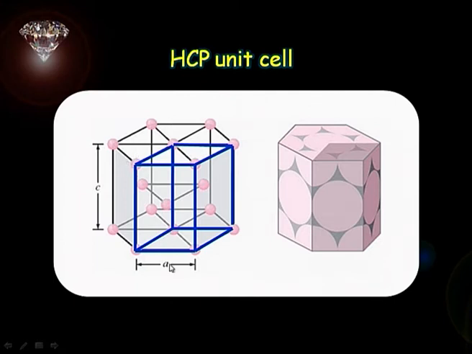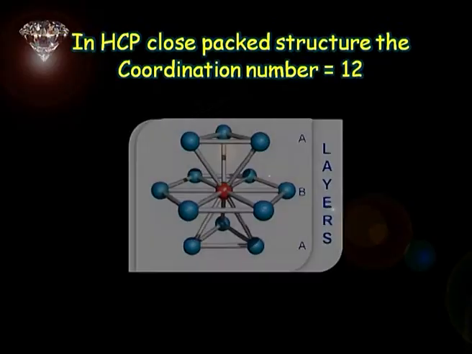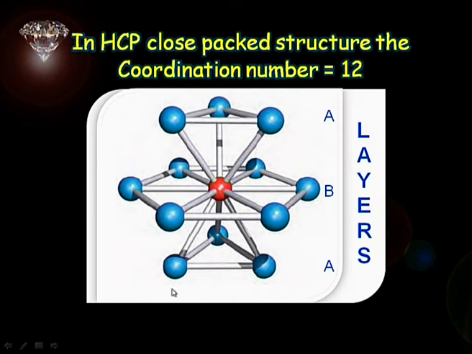Let us move further and have a look at what the coordination number is in case of HCP structure. We find that this again shows the 3 layers, A layer, B layer and A layer, and this atom has been shown differently. That is the one central atom I am trying to focus attention on. As I mentioned, in a 2-dimensional setup, this is in touch with 6 neighbors. So, there are 6 neighbors in the same layer to which this atom belongs.